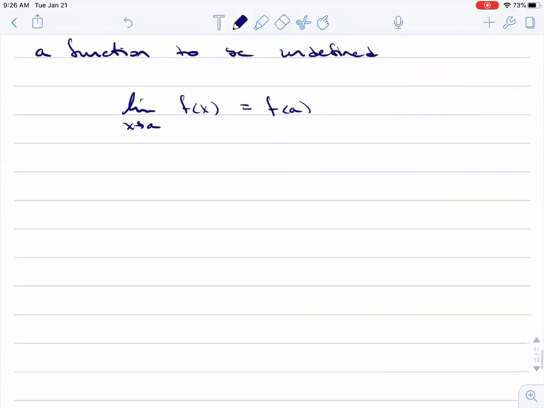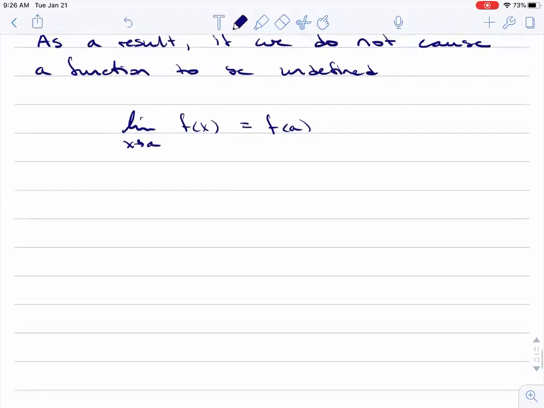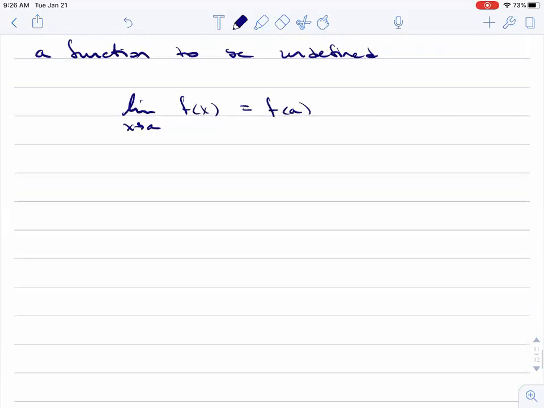And as a rule, as long as f of x is a rational function, so a polynomial or a polynomial divided by another polynomial, for rational functions this rule applies.